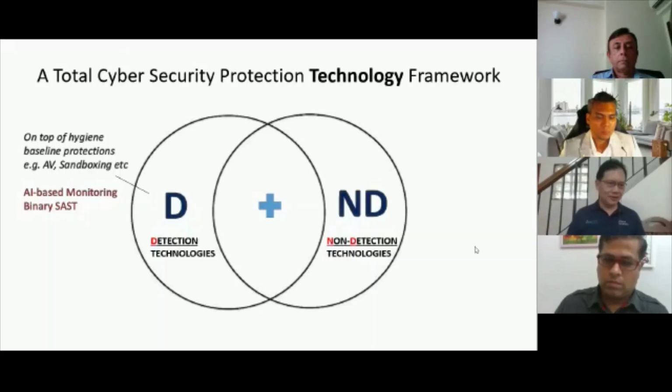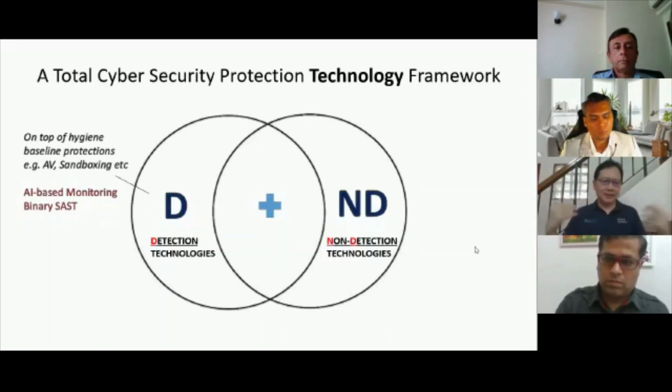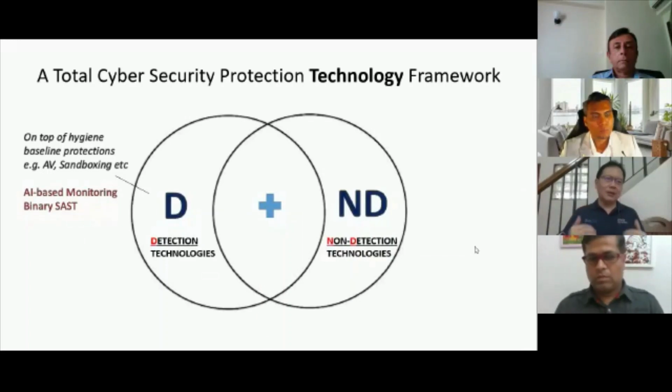Whether it's sandboxing, multi-AV, threat intelligence, machine learning, all working on the same principle of trying to use the most advanced technology to detect the bad guy so that it can remove them. This is a good way to help in protection. However, it is not sufficient, because the bottom line is we cannot detect them. We can detect them today, we cannot detect them tomorrow.